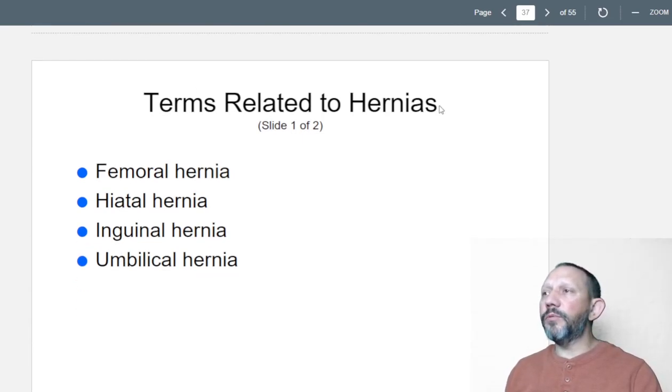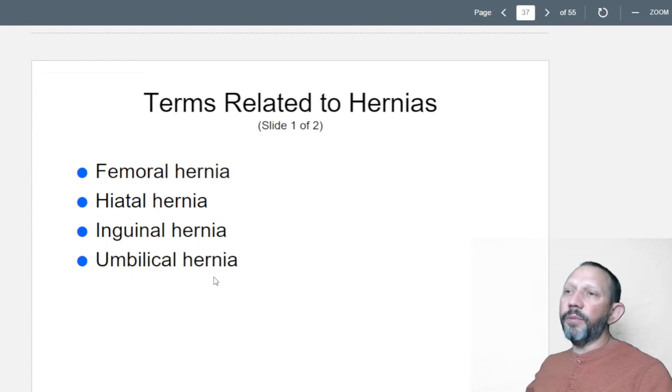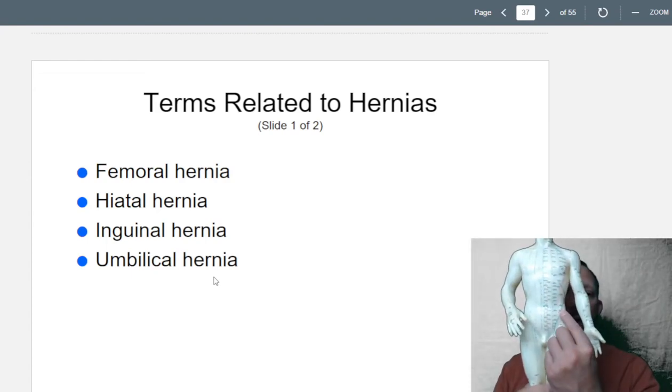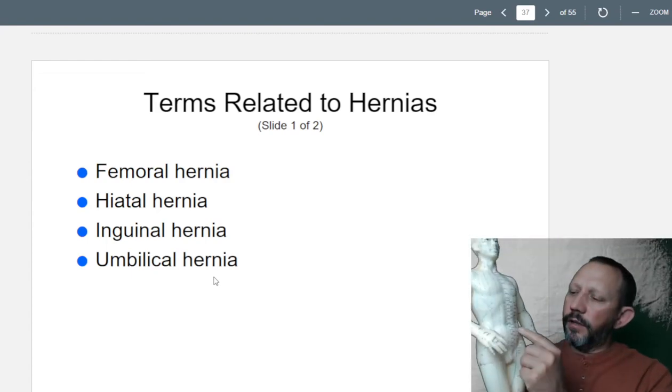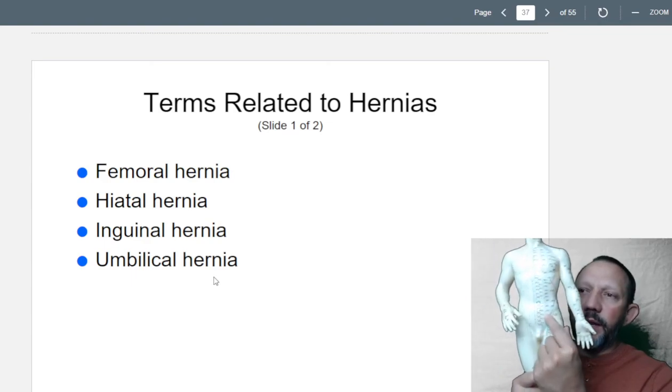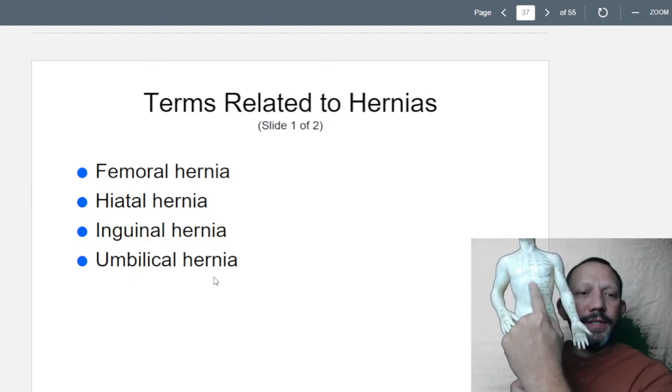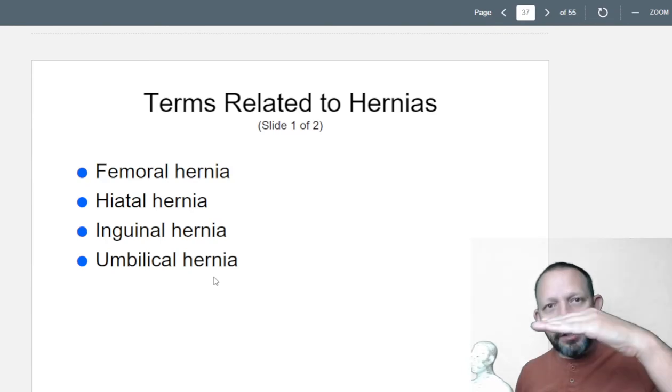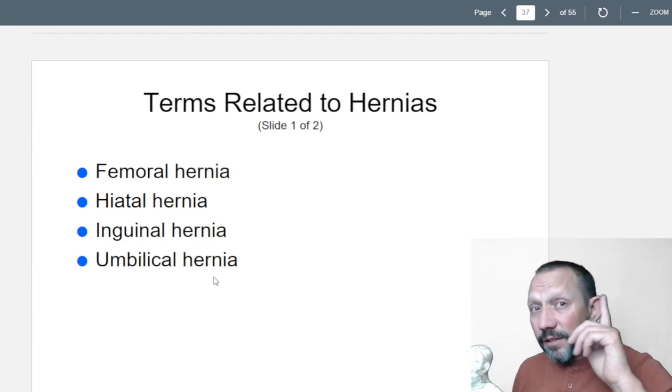Okay, terms related to hernias. Umbilical. So here's the different places. Femoral hernias happen underneath the femoral, underneath up in here. And then you have hiatal hernia up here in the stomach. That happens where the stomach reaches the hiatus of the diaphragm.